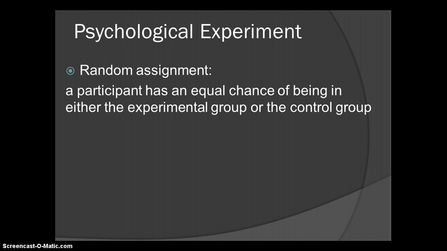Therefore, it's very important to have random assignment in your experiment, where participants come in, you go to group 1, another one comes in, you go to group 2, etc.